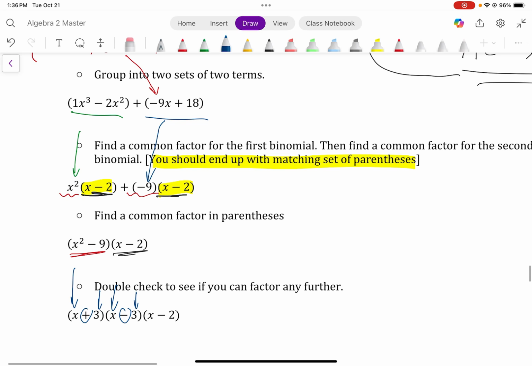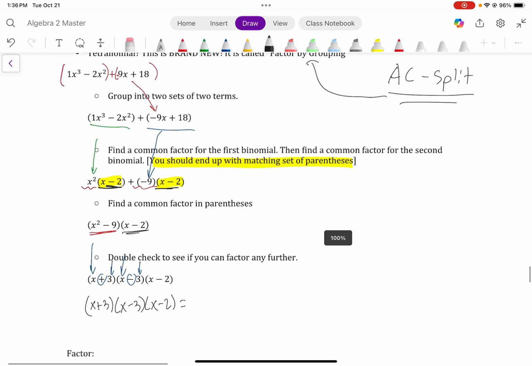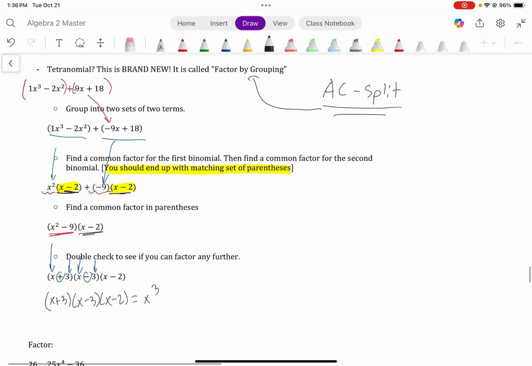So in this case, I get to see that x plus 3 times x minus 3 times x minus 2 is equal to my original thing of x cubed minus 2x squared minus 9x plus 18. If I want to, I can absolutely FOIL and distribute and multiply this thing out to double check, but I should be comfortable getting GCFs along the way.